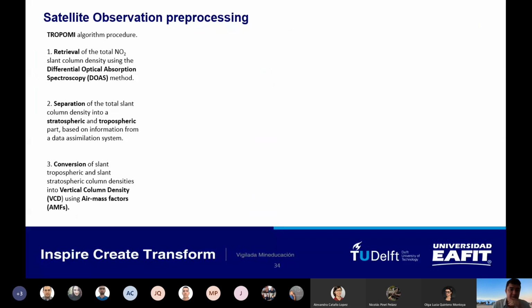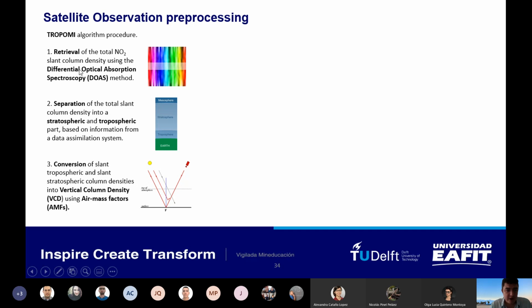The algorithm procedure of the satellite consists first of 3 steps. The first step is the retrieval, when the differential optical absorption spectroscopy method is used on the light. The concentration of the whole column is retrieved using lookup tables. There is then a separation of the slant column density that separates the stratosphere values and the troposphere values.